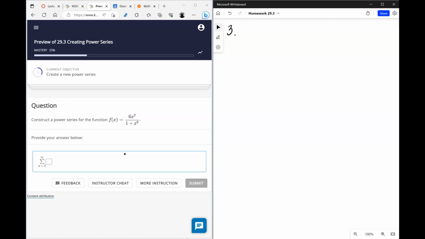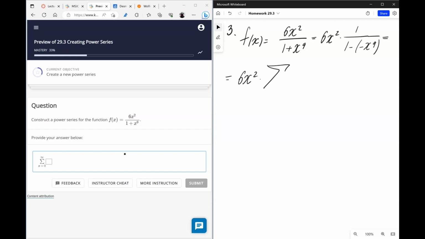We have a function 6x squared divided by 1 plus x to the 9. We've seen problems like this before, so let's just transform this into a series. We're going to have 6x squared times the series from 0 to infinity of negative x to the 9 to the power n.